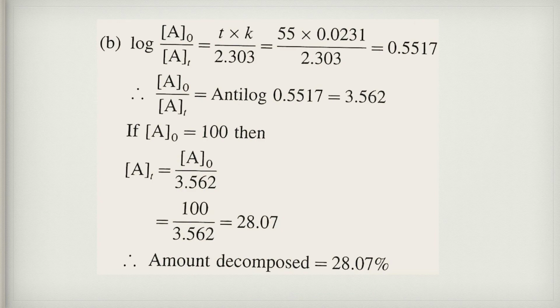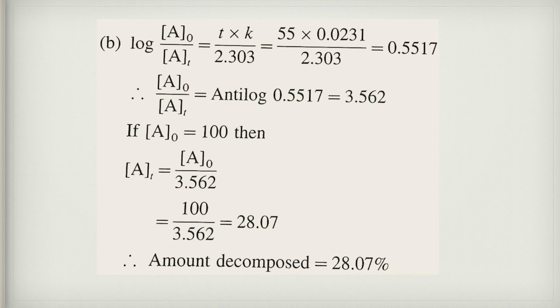So next part, the amount decomposed in 55 seconds. This also we have to calculate. Over here again I'll be using the equation K is equal to 2.303 upon T log to the base 10 initial concentration upon final concentration. So what I have to find out is the amount decomposed in 55 seconds. So I'll take log A naught upon AT to the other side and bring the rest to the other side, that is equal to T into K upon 2.303.